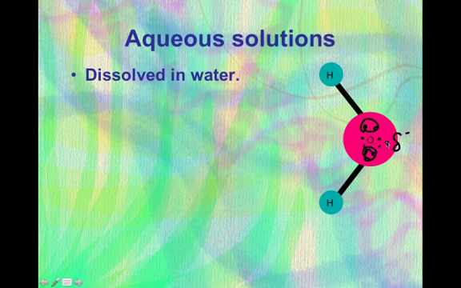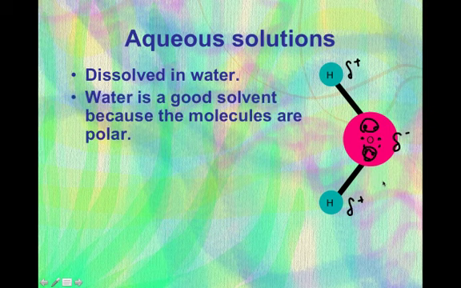So it has more electron concentration around it, and the hydrogens have given up their electron to that bond. They don't have any to keep all to themselves, so they have what we call a partial positive charge. And this imbalance of charge makes water a polar molecule.